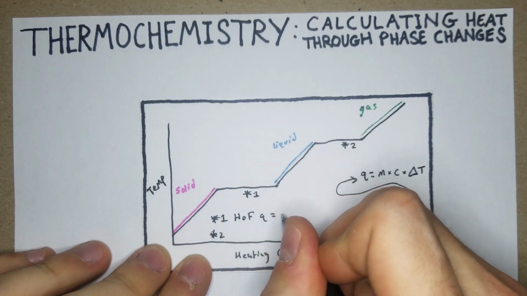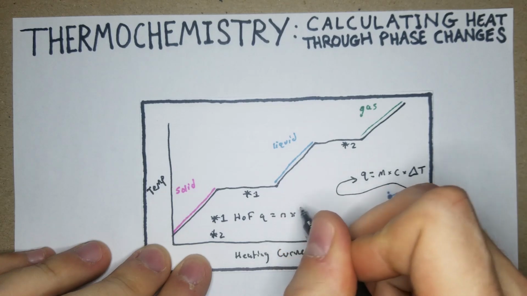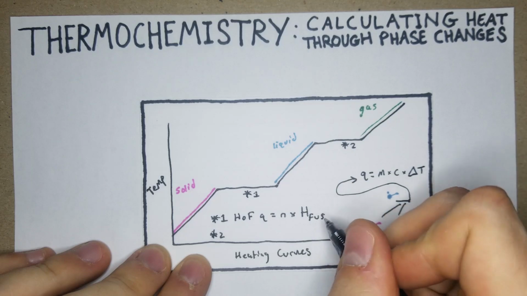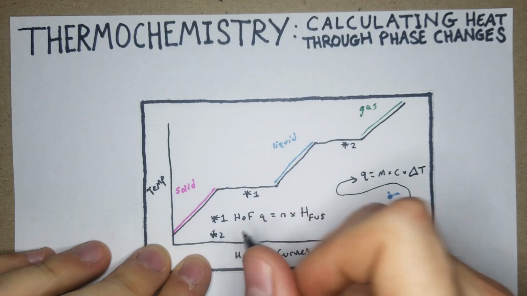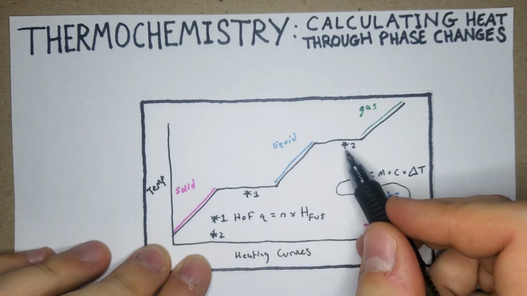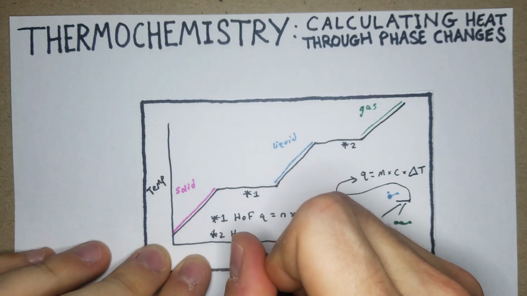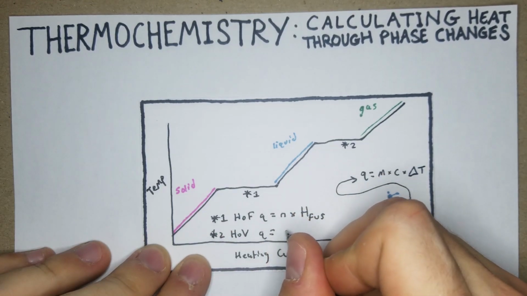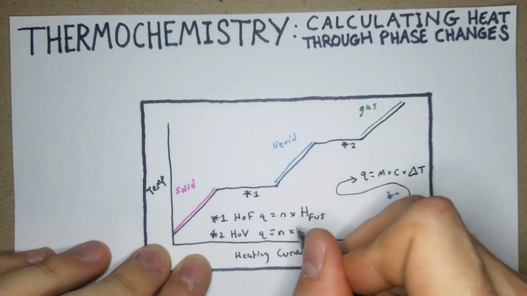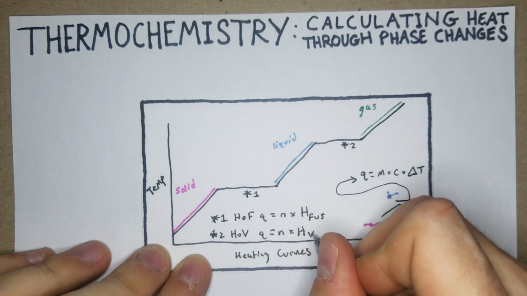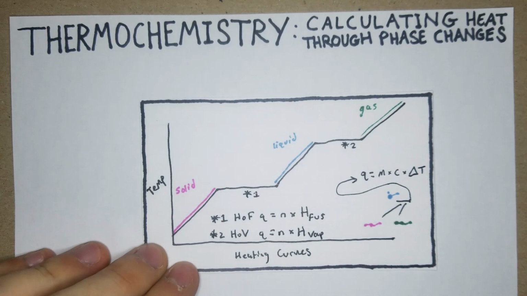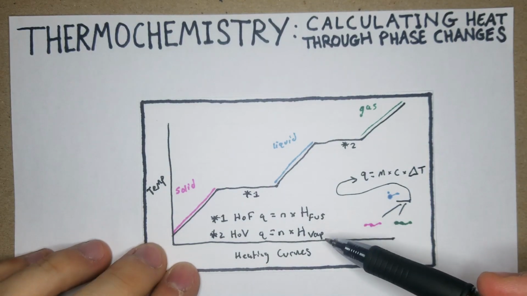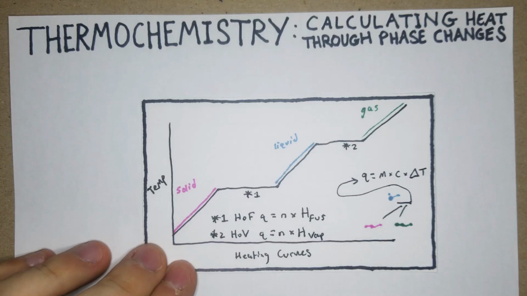So Q equals N times the heat of fusion. And then for the second one up here, we're going to have heat of vaporization. So Q is going to equal N times the heat of vaporization. Usually in problems, these will be provided for the specific element that it's referring to.